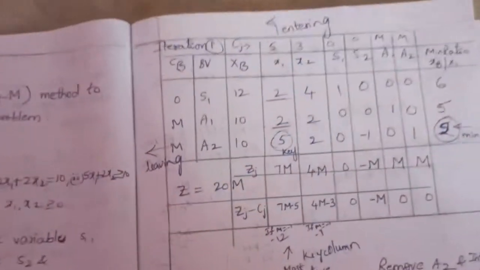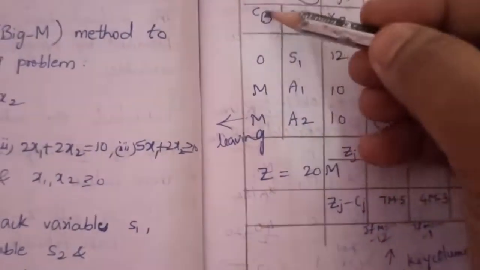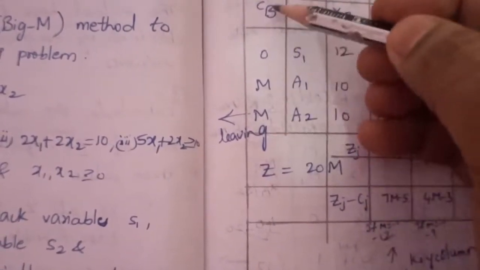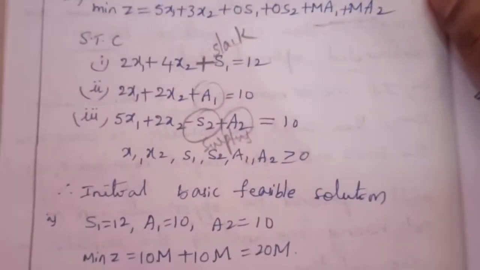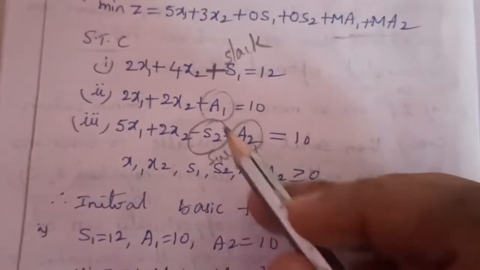5300 mm I am taking. These are the coefficients, and the basic coefficients are: we are taking m and m for A1 and A2, and 0 here.